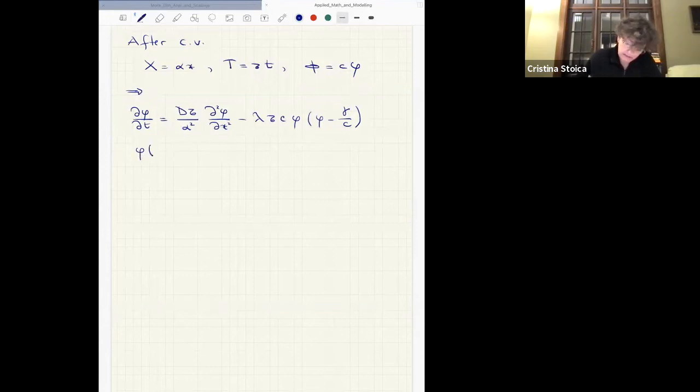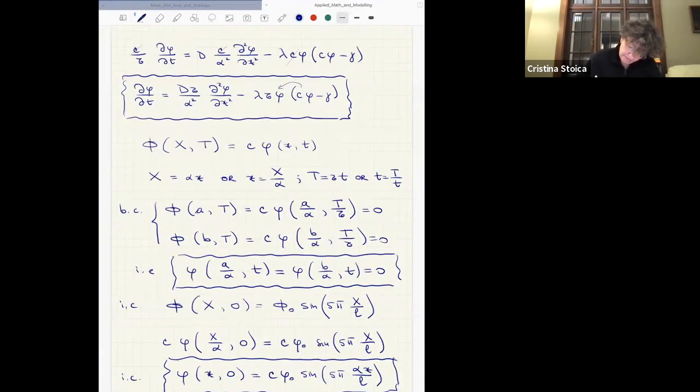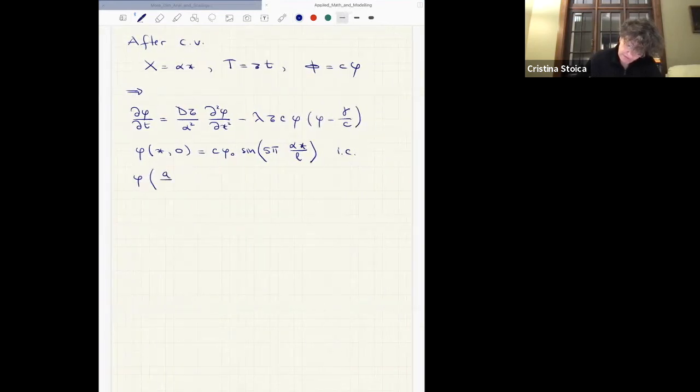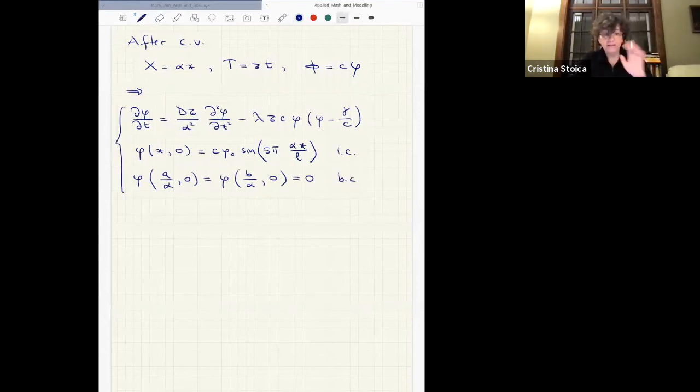So this is c phi naught sine of phi pi, what did we say here, alpha x over L. And so this is the initial condition, and we had boundary conditions here, phi a over alpha 0 equals phi b over alpha 0 equals 0. So this is the model.